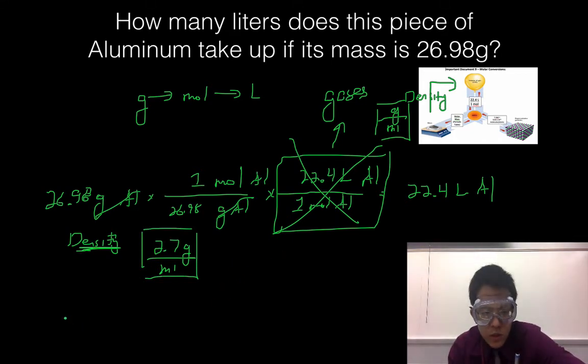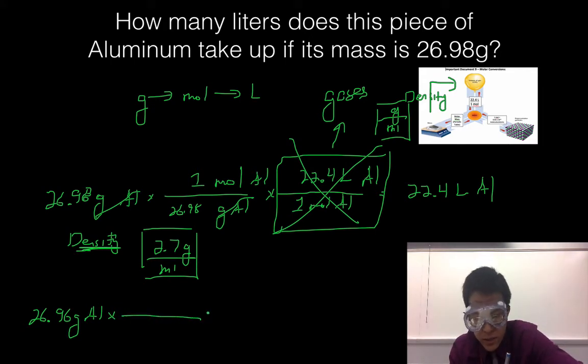So I'm going to start again with 26.98 grams of aluminum, and I'm going to convert. I know that's my density, and I'm trying to get to liters, or milliliters. So let's see what happens.